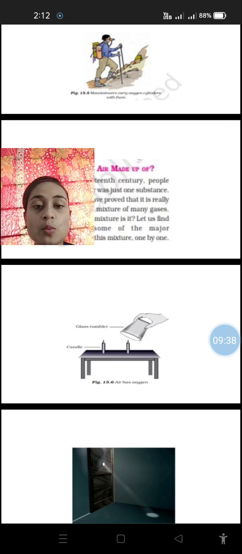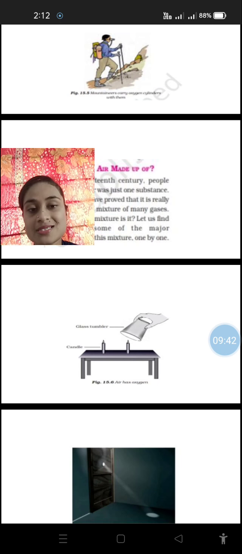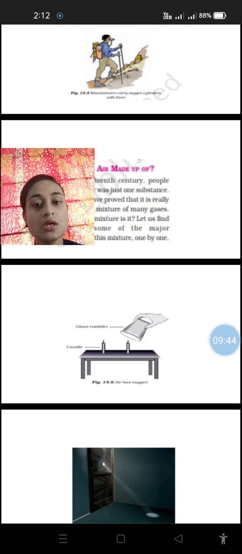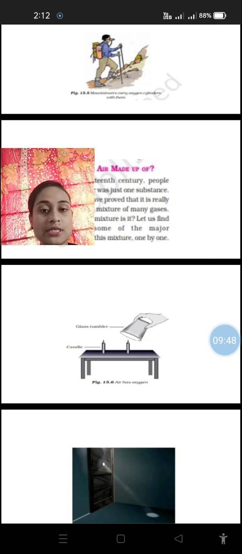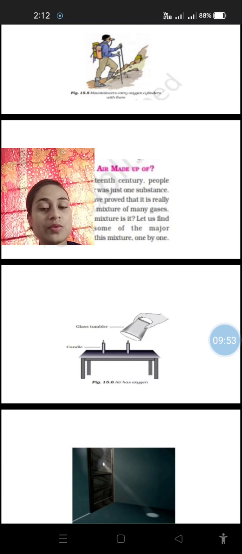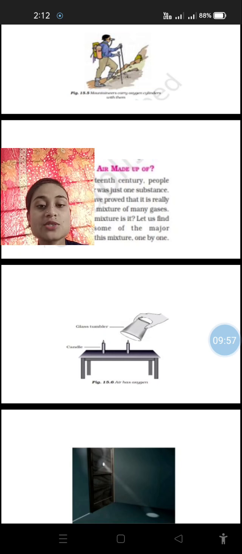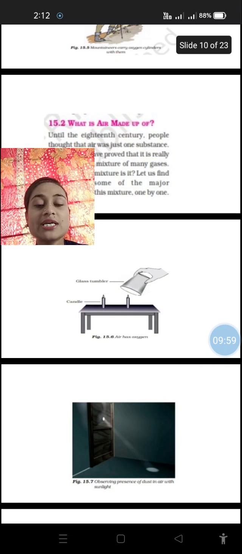When we remove the tumbler after a few seconds or after a minute, the candles will not be burning. So here we can see that the air has oxygen in it.